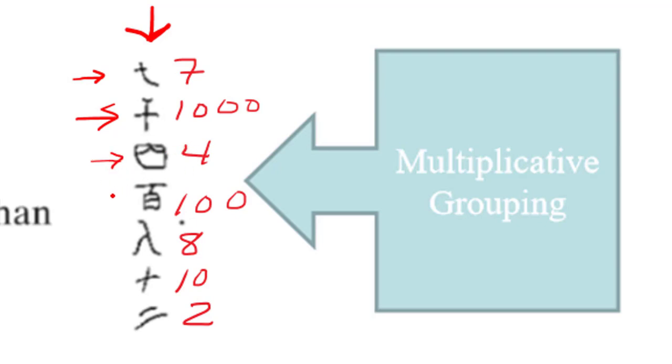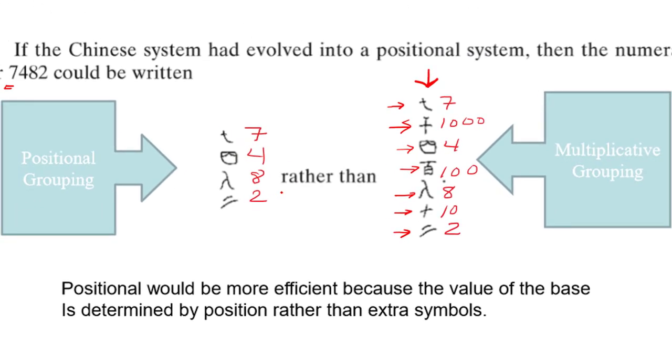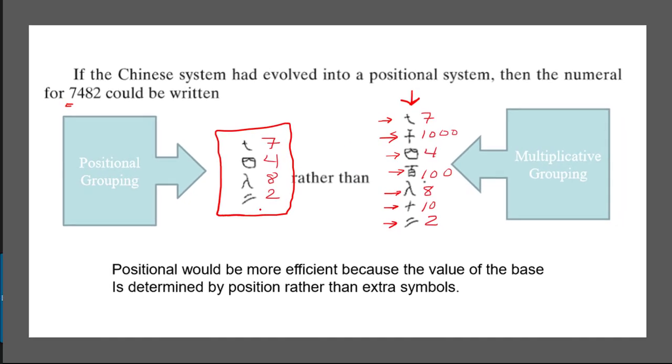You'd need a 4 and a 100 to indicate 400. You would need an 8 and a 10 to indicate 80, and you would need the 2. If the Chinese system had evolved into a positional numbering system, it would look more like the number on the left, and it would be much more efficient.